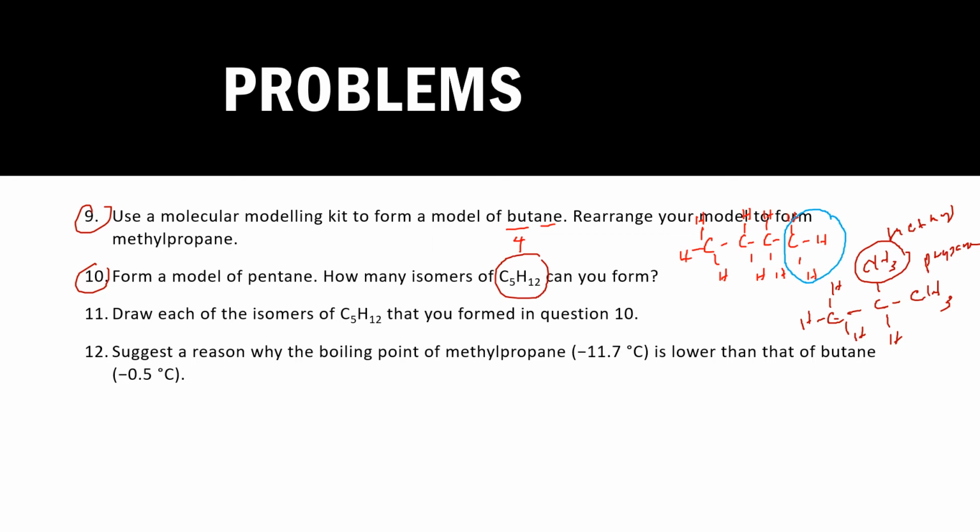So first thing we write down the structural formula. C 2, 3, 4, 5. Hydrogens here.